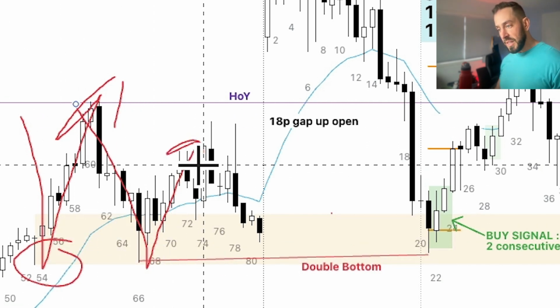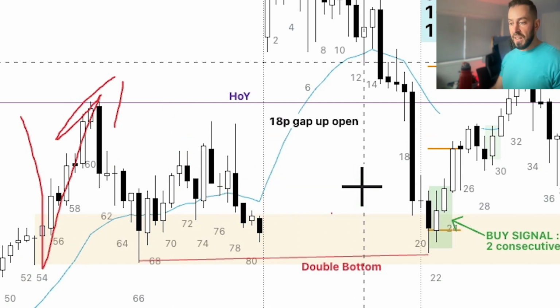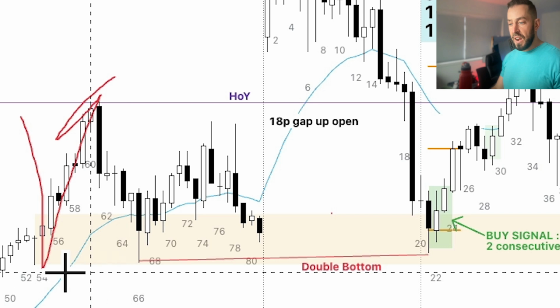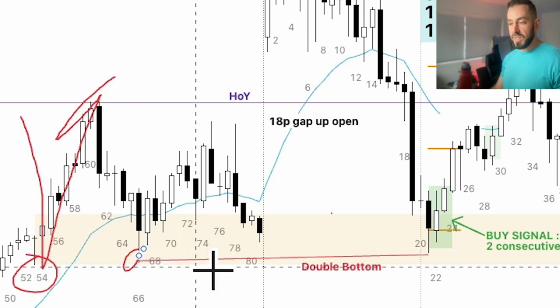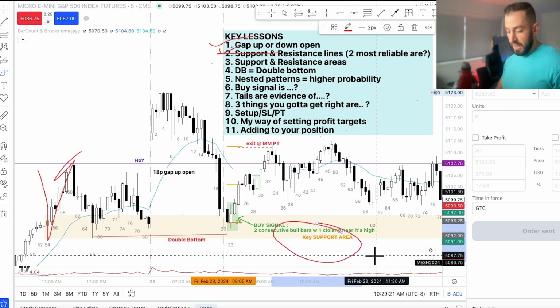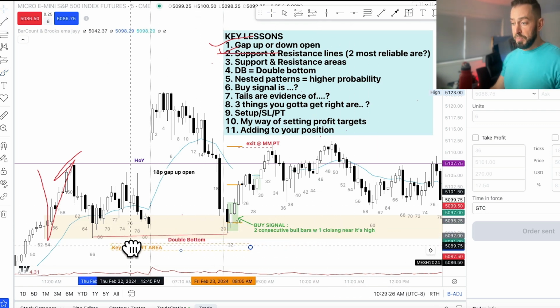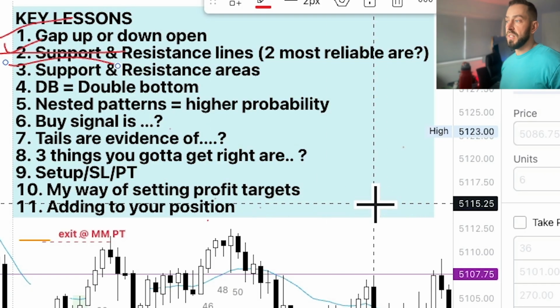We bounced out, see that? And then look, it happened again here, okay? So this is different than a line because it's more of an area. It was here, and then it was here, and now it's here. And I've noted that right here, key support area. So that's gonna be an area for us to watch. So we're gonna put that right here, check the box on number 3.